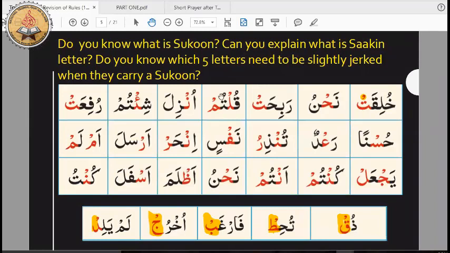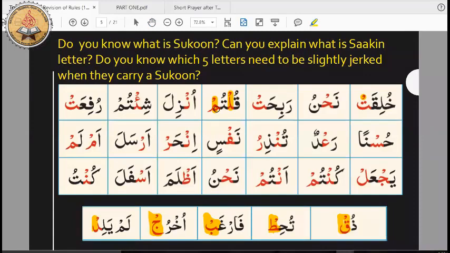So for example, over here, when the two second letters were lam and mim, because they both had the sukoon on top of it. Now, when we joined the qaf, the lam, we did it gently. We said qul, qul. And then when we joined the ta to the meme, we said it gently, we said tum, tum.